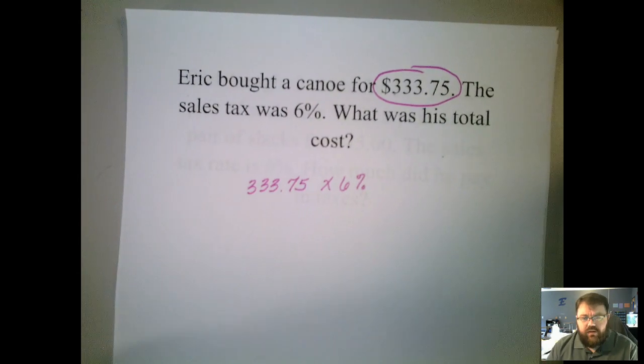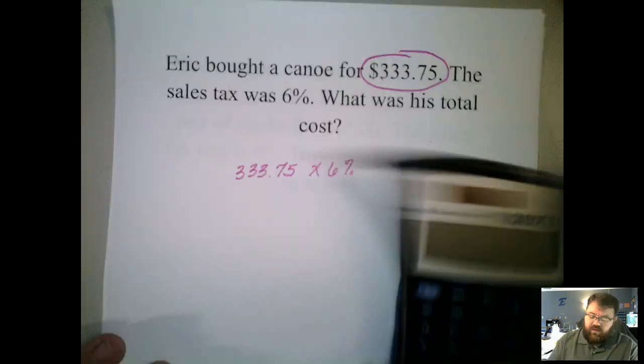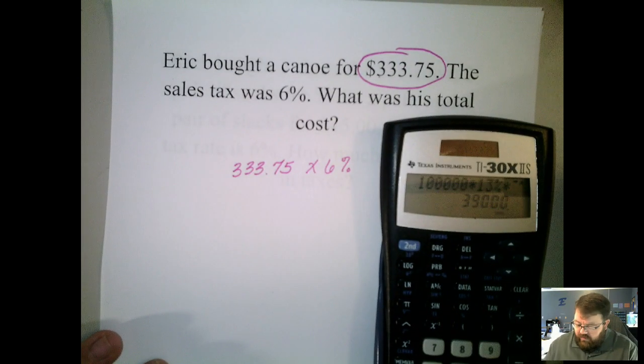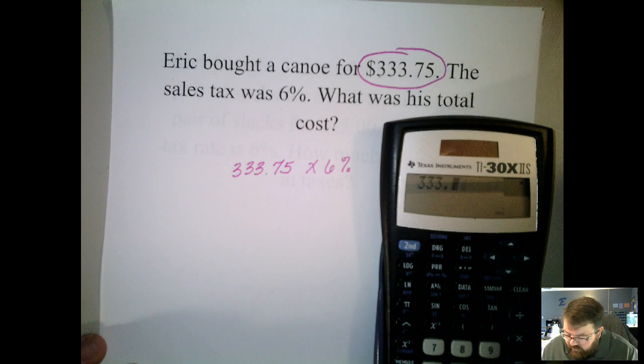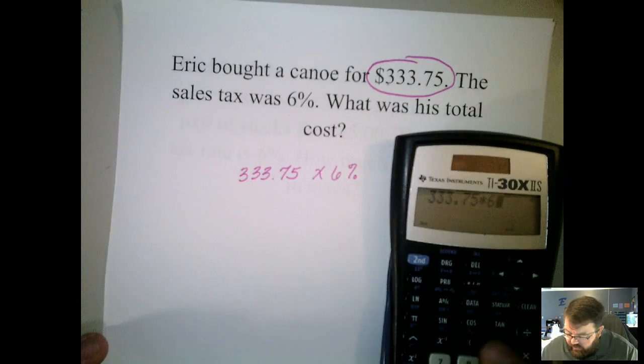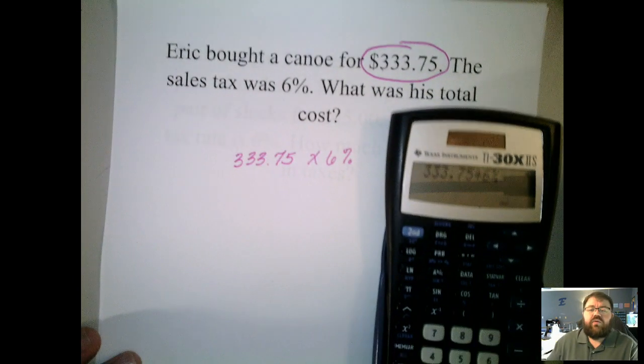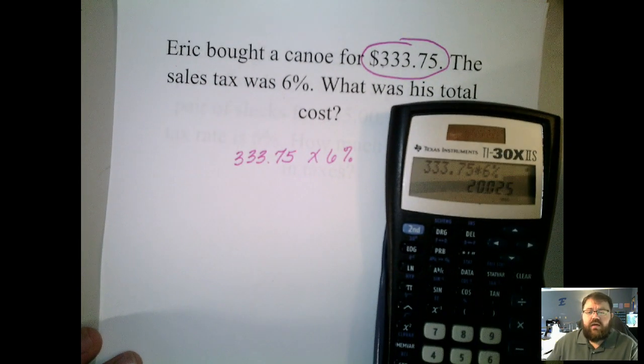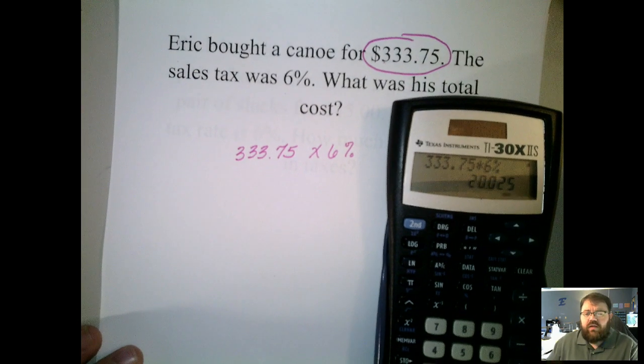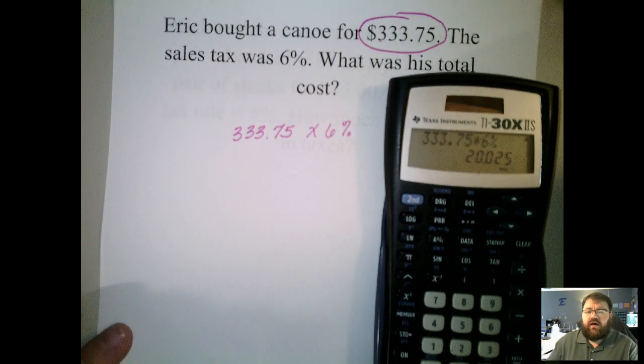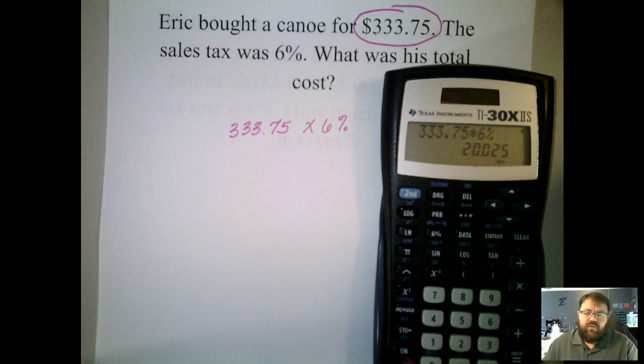Now, there are two different ways you can do it. You could have simply typed in your calculator $333.75 times 6, second open parentheses, and got percent. And that's going to give you 20.025.